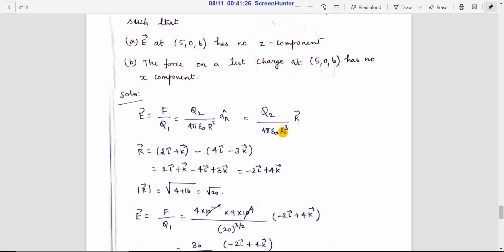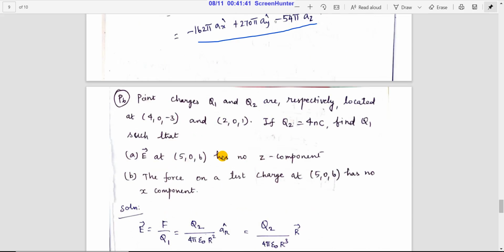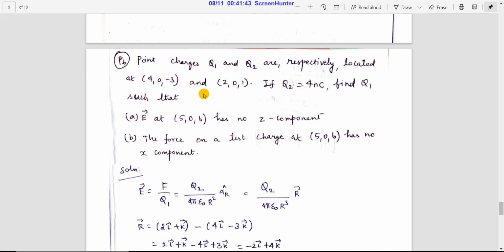So Q2 divided by 4 pi epsilon naught R cube, that is R vector. If you replace the unit vector with the vector format, then R vector divided by R cube will be the replacement. So what is the R vector? R vector is the distance between this point and this point. Why we are dealing with these points?